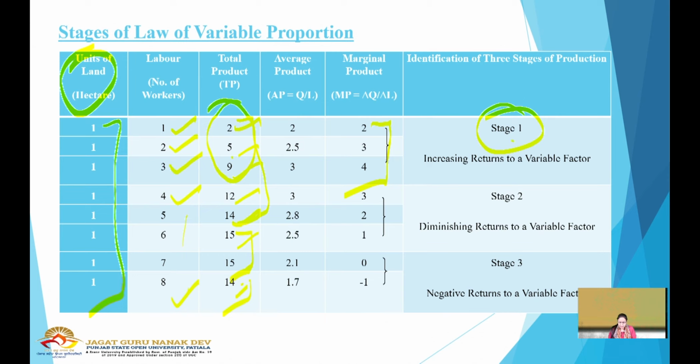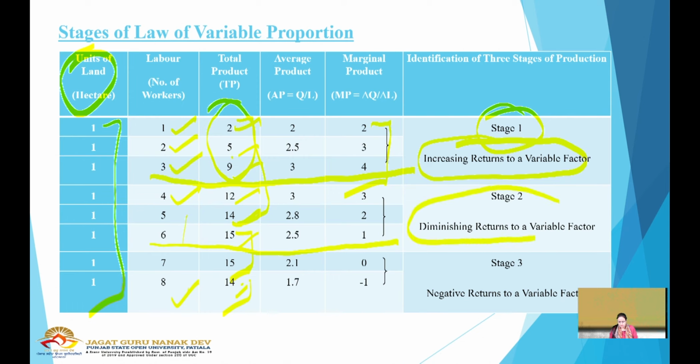So this is the increasing return to variable factor, till this. Next is the stage of diminishing return to variable factor, and last is negative return to variable factor.